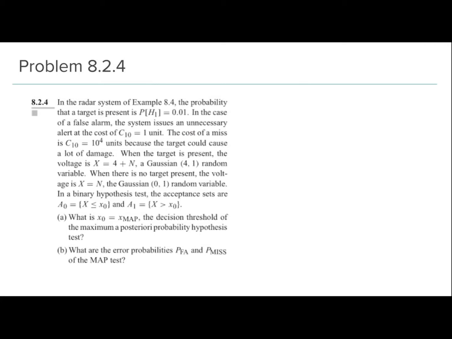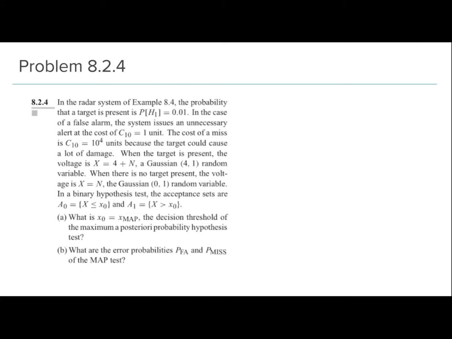Let's move on with the next problem, which is problem 8.2.4. The question says, in the radar system of example 8.4, the probability that a target is present is P of H1 equal to 0.01. In the case of a false alarm, the system issues an unnecessary alert at the cost of C10 equal to 1 unit.